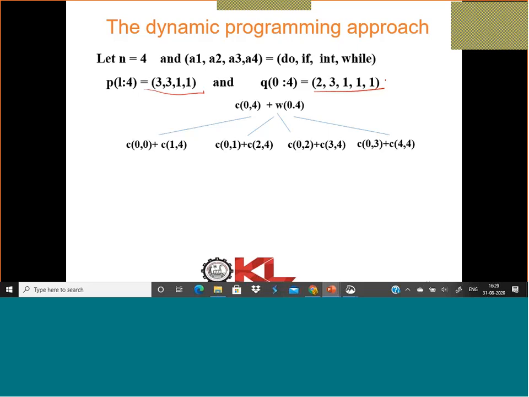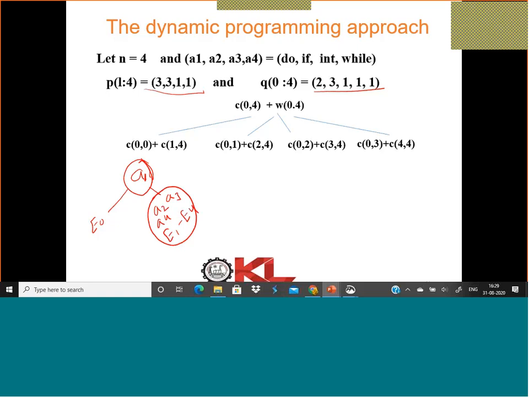Okay. The total cost of that particular tree is divided into 4 parts. Why it is divided into 4 sub-problems is, if I select A1 as a root element, then the left subtree contains only one node, that is E0. And what is there in the right subtree? The right subtree contains A2, A3, A4 and E1 to E4.